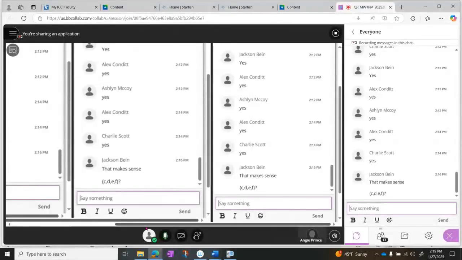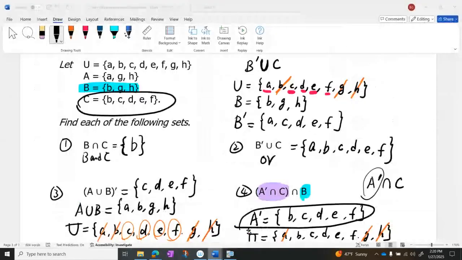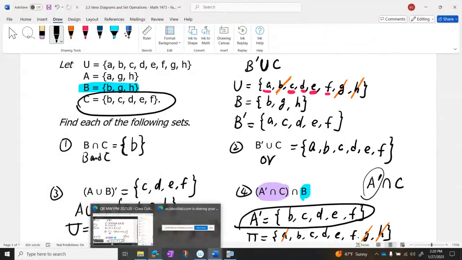They don't have to be. C, D, E, F. I got C, D, E, F. I have B as well.